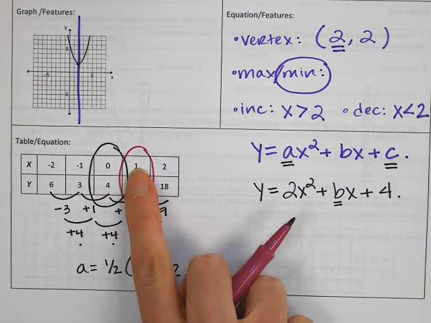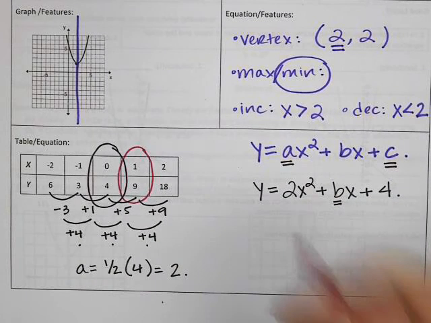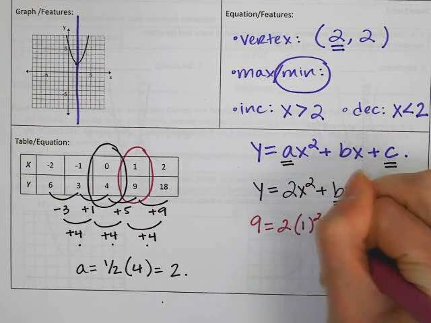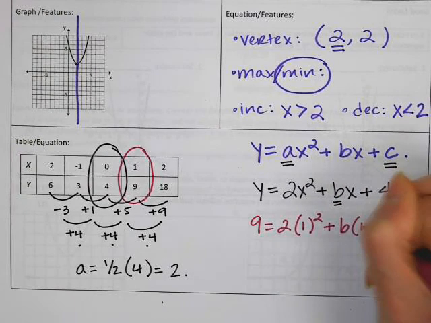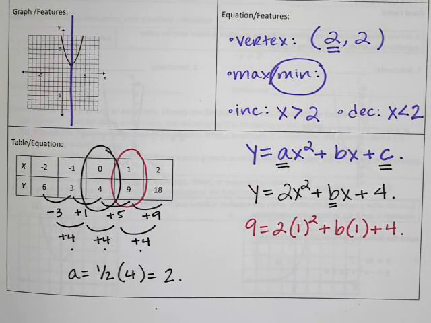We're going to plug 1 in for the x's and 9 in for the y. All right, so 9 is y. x is 1. b is missing. x is 1 and then plus 4. And now you guys just have to clean it up and add like terms.